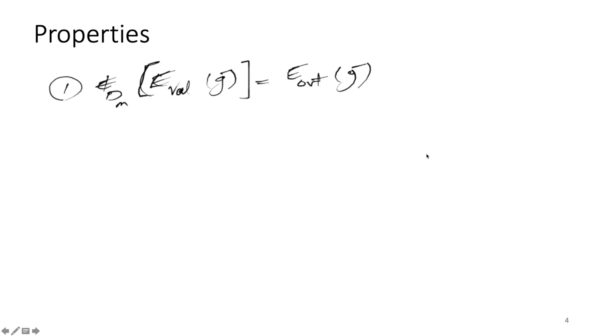Okay, so let's see the properties of having a validation set. First of all, number one is the expected value of Dval of the validation error of G. We hope that it's going to be close to the out of sample error.